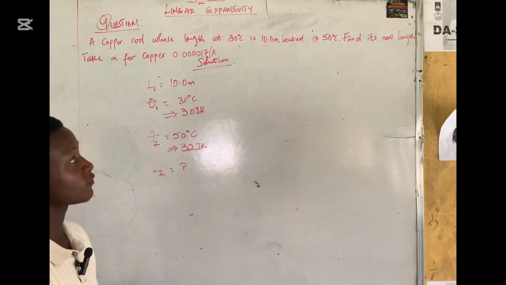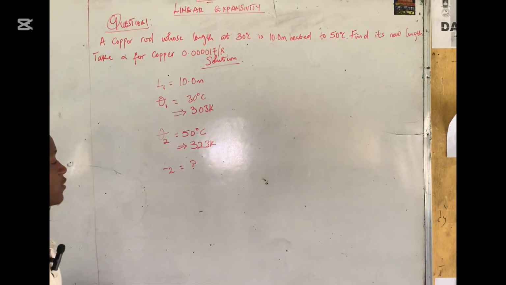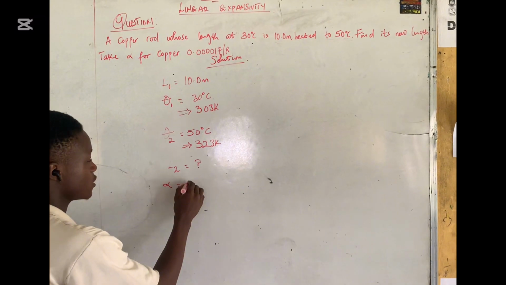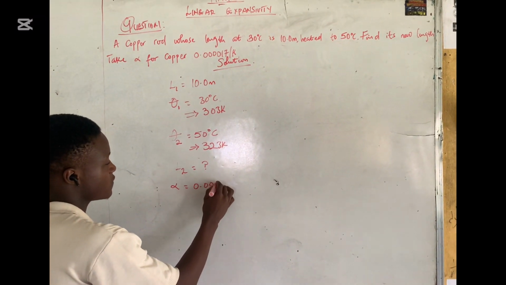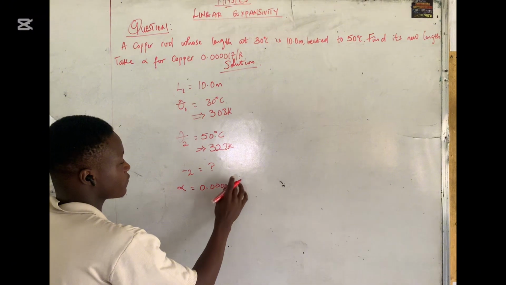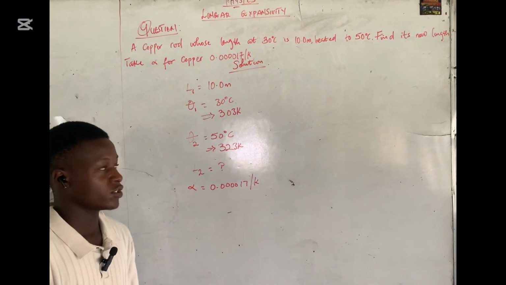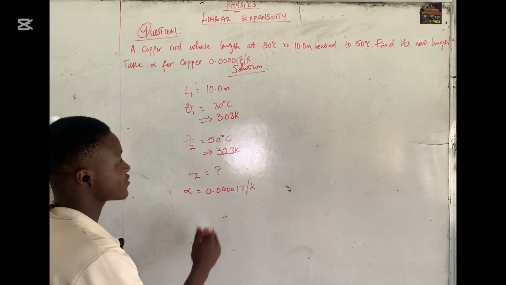They said we should take alpha, which is the coefficient of linear expansivity, to be 0.000017 per Kelvin. So let's solve.